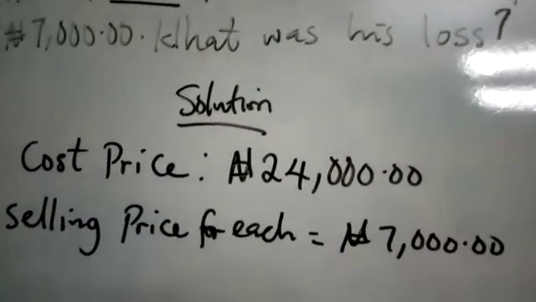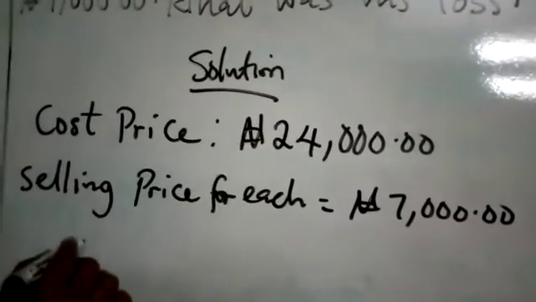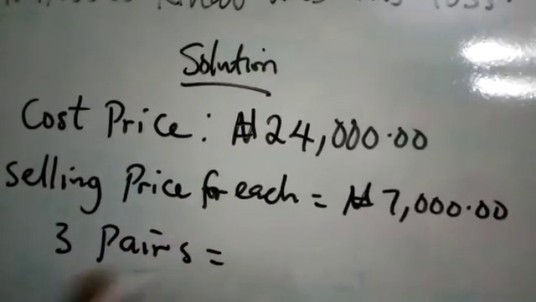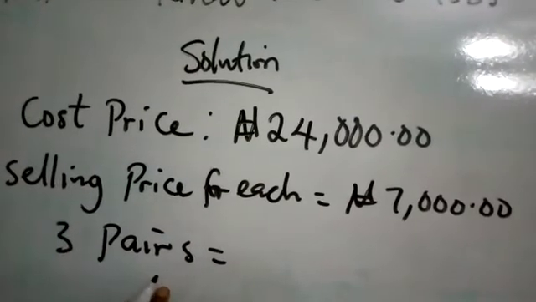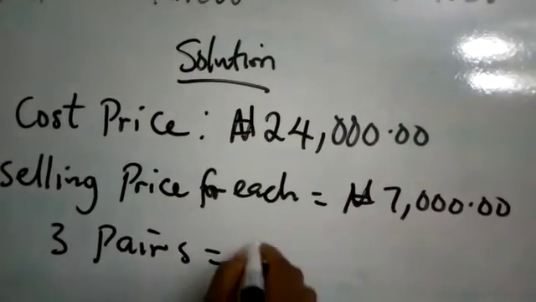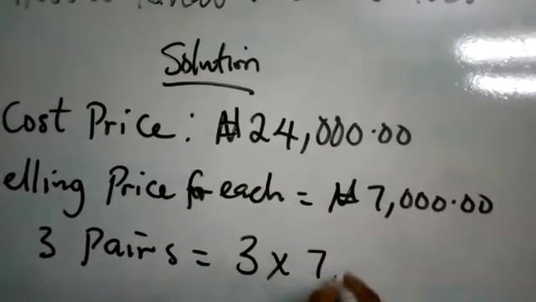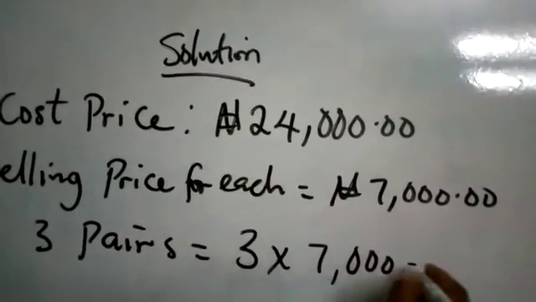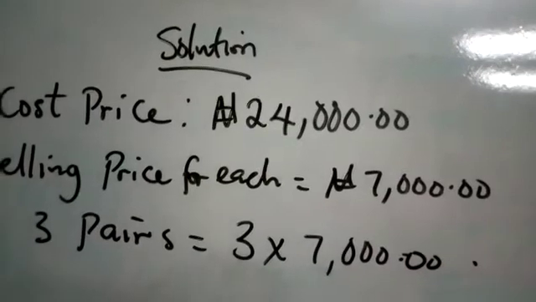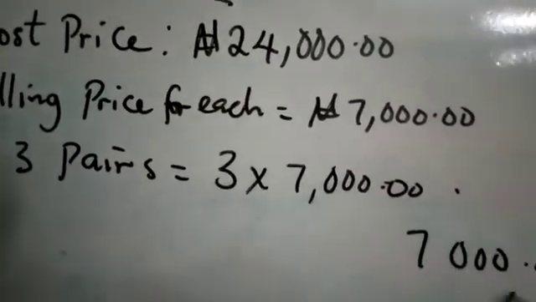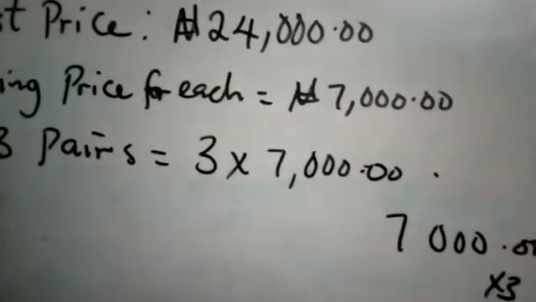But there were 3 pairs. To get the total amount he sold the 3 pairs for, we say 3 times the unit price. That is the unit price for each, times 3.